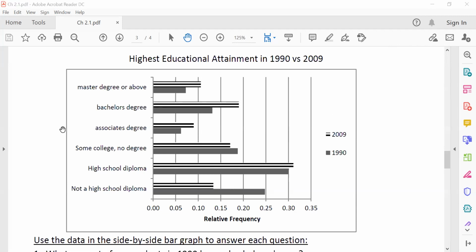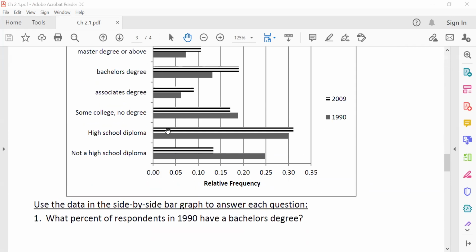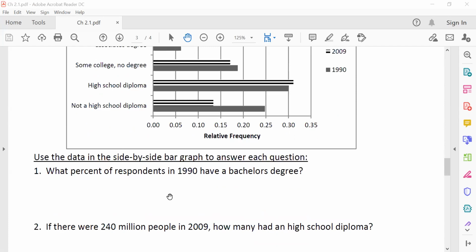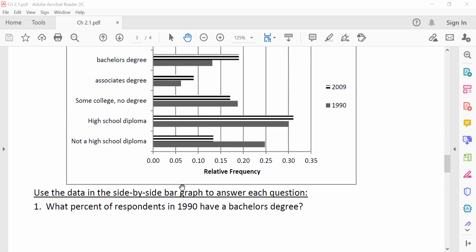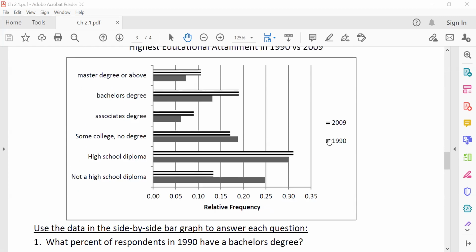Okay, so again, the data is what degree they got, which is qualitative. It's just a quality. It's not a number we're putting on it. Then we are coming in and counting them up after the fact. So we can ask a few questions. What percent of respondents in 1990 have a bachelor's degree? Be careful because there are 2 bars on here.